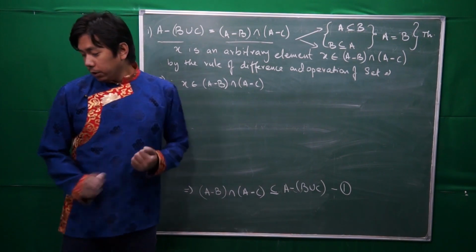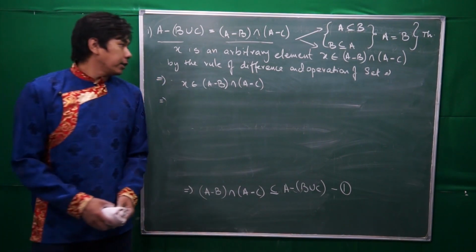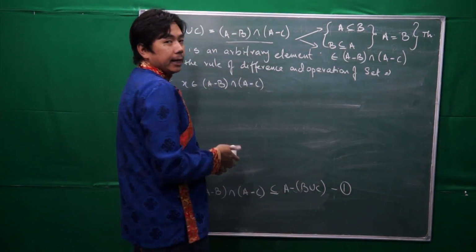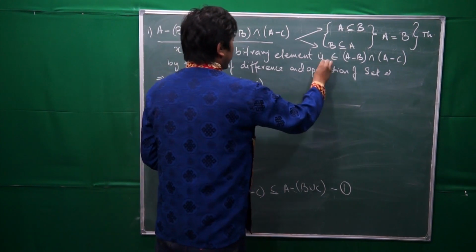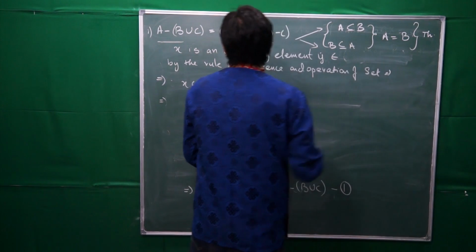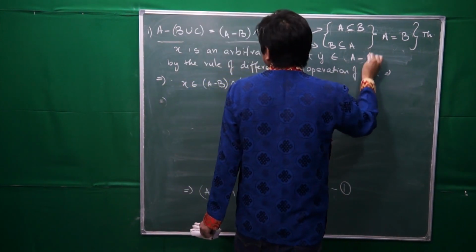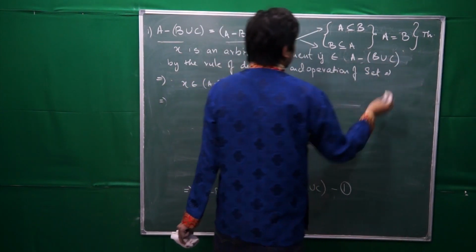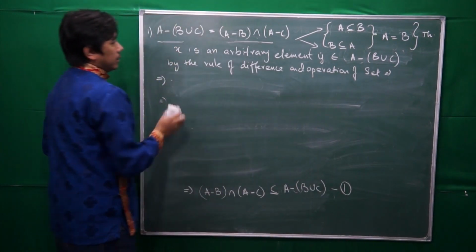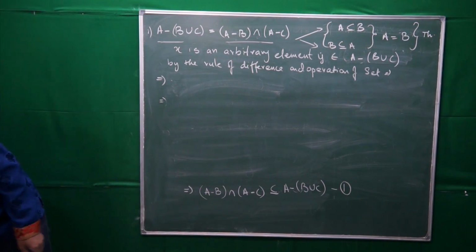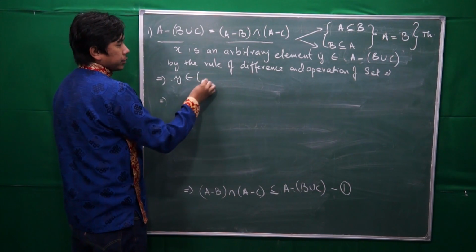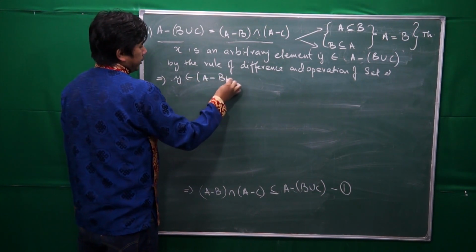So to begin that, now instead of taking an arbitrary element X, I'll be taking arbitrary element Y. And this Y would belong to A minus (B union C). Simple. Now let's say Y belongs to A minus (B union C).